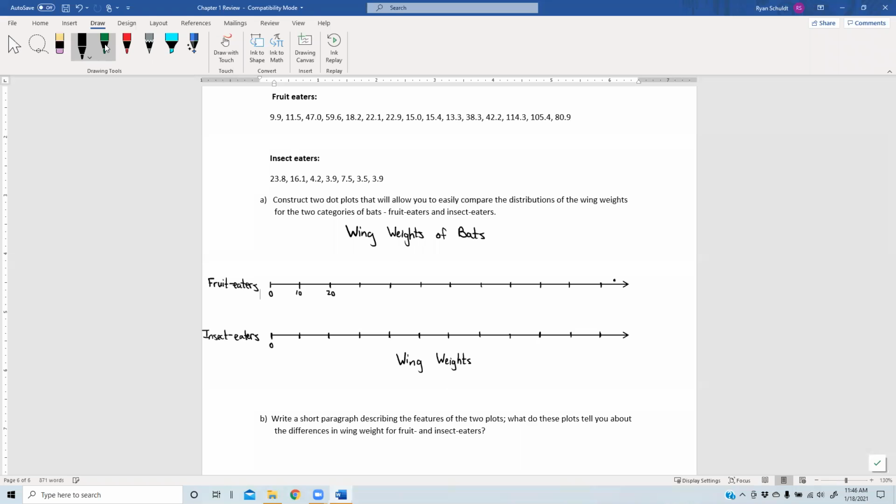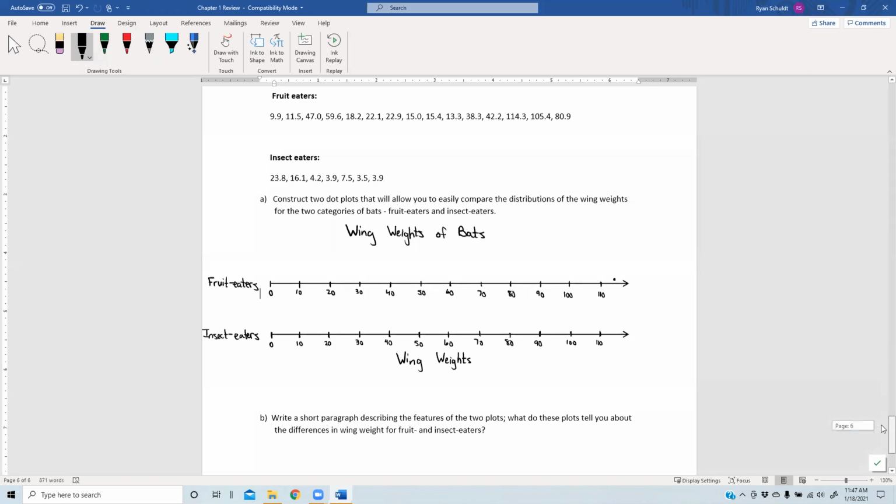So go through and label. Now, if we really want to get particular, what are they?